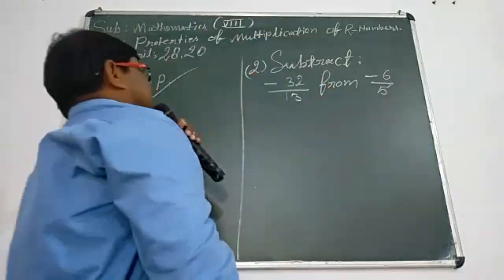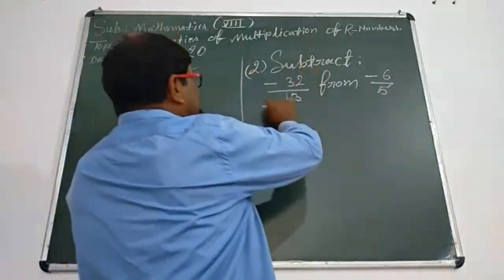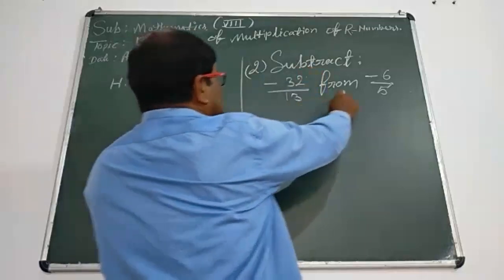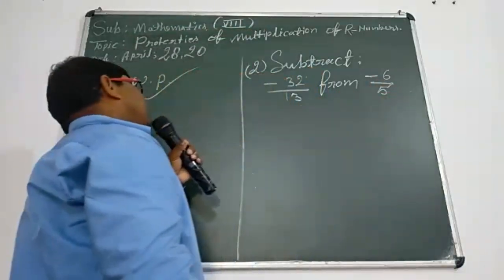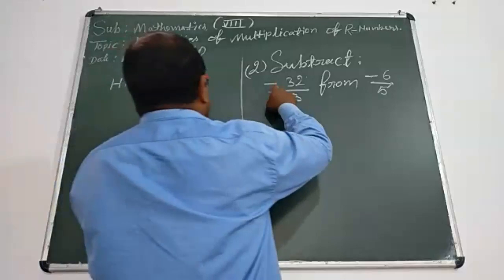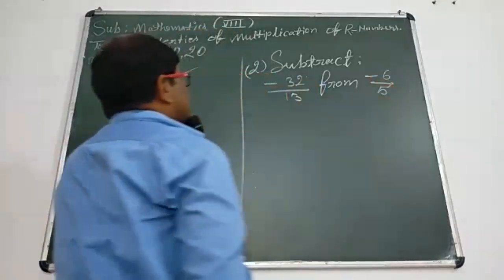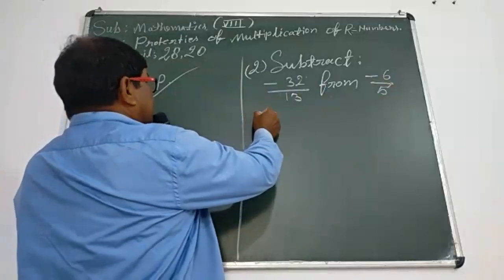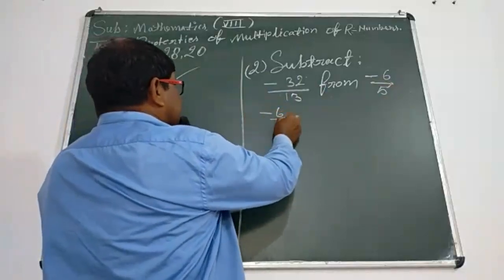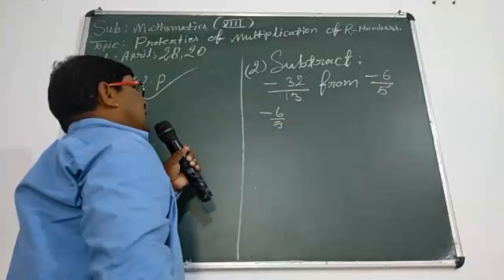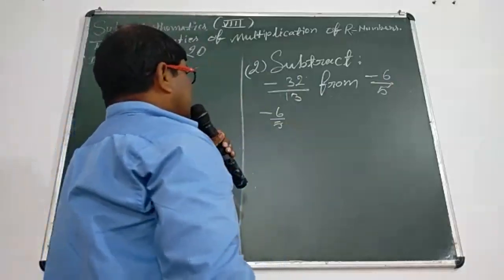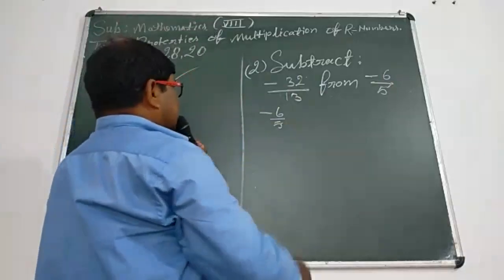Suppose that this is your question. Subtract minus 32 upon 13 from minus 6 upon 5. Then you will write minus 6 upon 5, and you need subtraction, finding the difference.